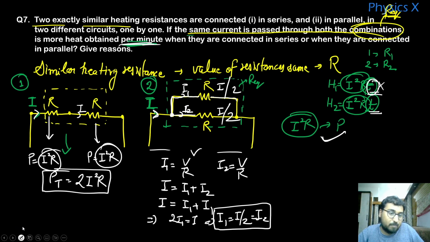Right. So what will be the power in this case? The power is current squared times R. So what is the current here? I by 2.